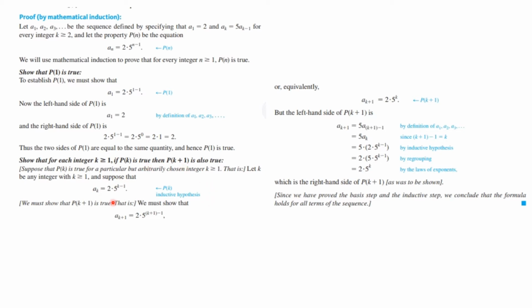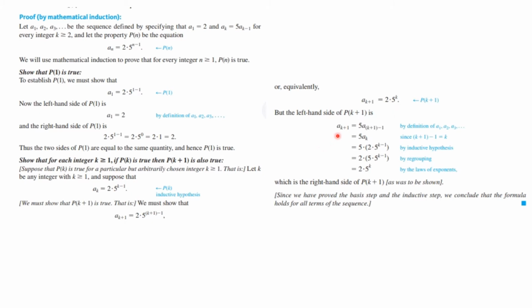So our induction hypothesis is we're going to assume that a sub k is equal to 2 times 5 to the k minus 1. And what we must show is that P of k plus 1 is true. That is, we must show that a sub k plus 1 is equal to 2 times 5 to the (k plus 1) minus 1. Or equivalently, you see we add and subtract a 1, so that is a sub k plus 1 is equal to 2 times 5 to the k.